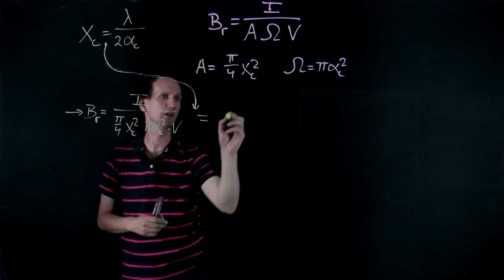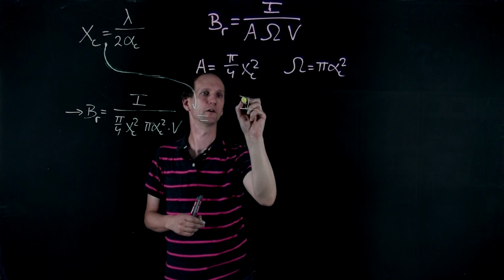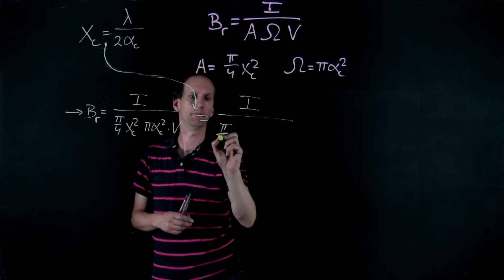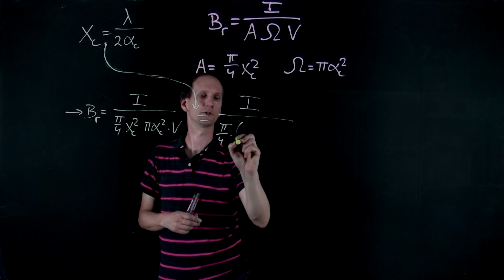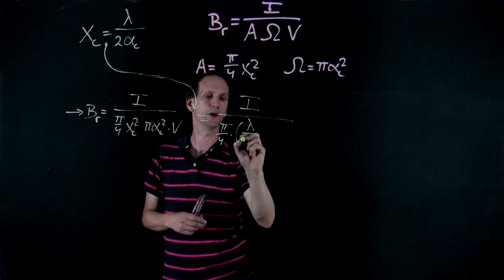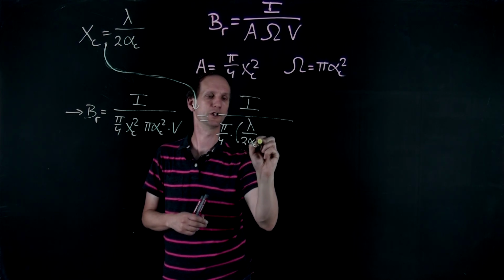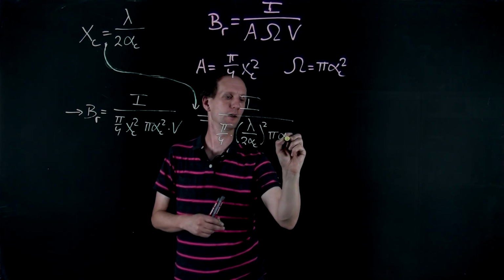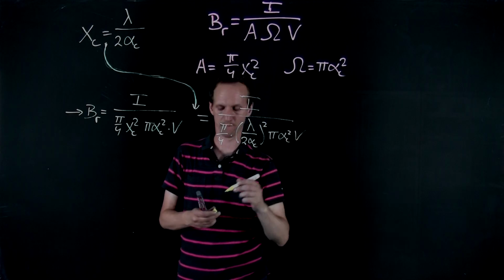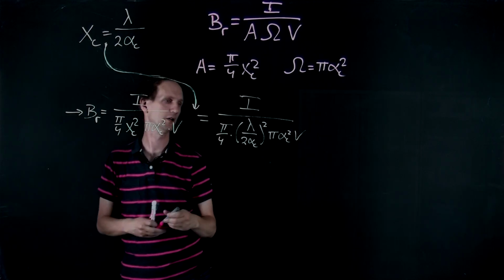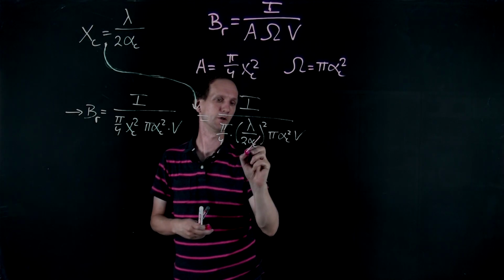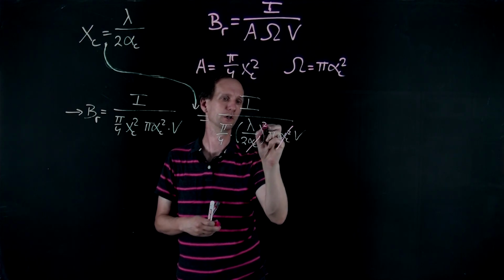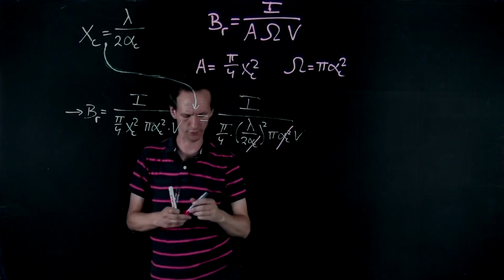So if we plug this in, we get I over pi over 4 times lambda divided by 2 alpha c, squared, times pi alpha c squared, times V. Now we see that in this case the coherence half opening angle drops out of the equation, because here it's squared and here it has a squared value.